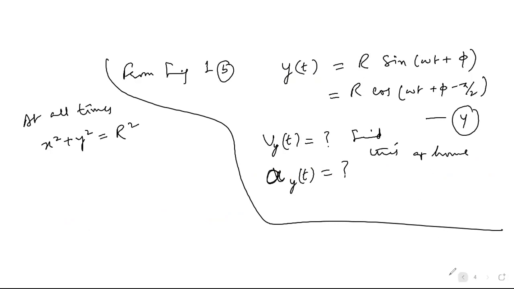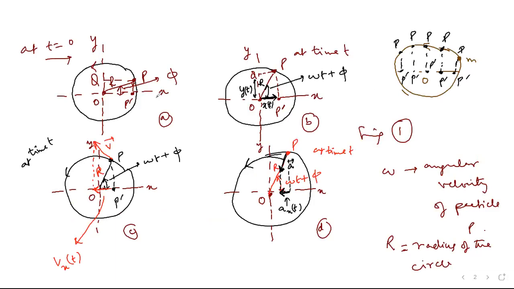You can see by inspection from the figure, using Pythagoras theorem: OP square, the hypotenuse square, is OP prime square plus OQ square.